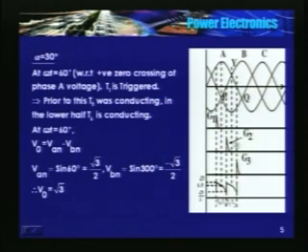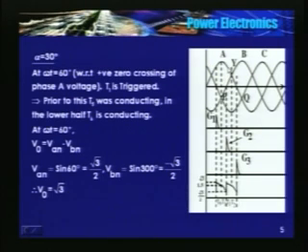The moment you trigger T2, now the load voltage is VAN minus VCN, because T2 starts conducting. T2 is connected to phase C, so the load voltage is VAN minus VCN. Instantaneous value of VCN is proportional to sine 240, that is again minus root 3 by 2.